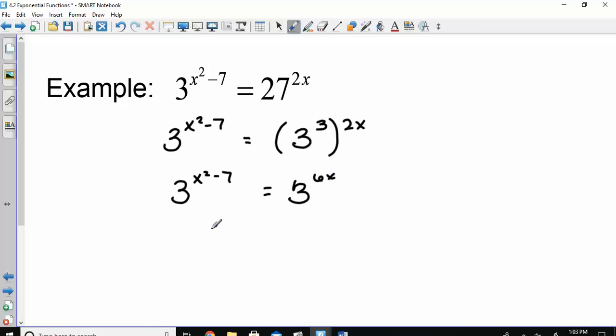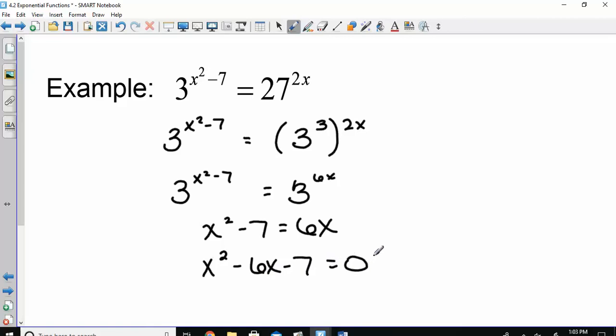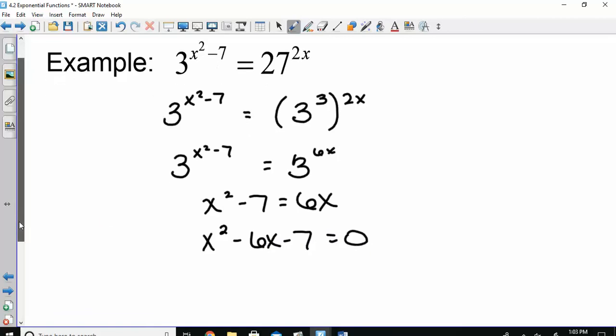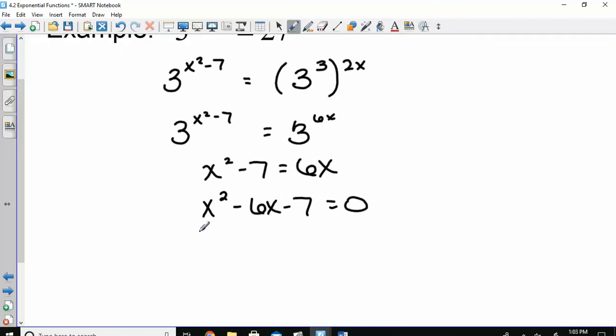That gives me 3 to the 6x. So then we can set the exponents equal. What are you going to have to do now? Right, it's a quadratic, so you have to set it equal to 0. And then we can factor, do box method on this one.